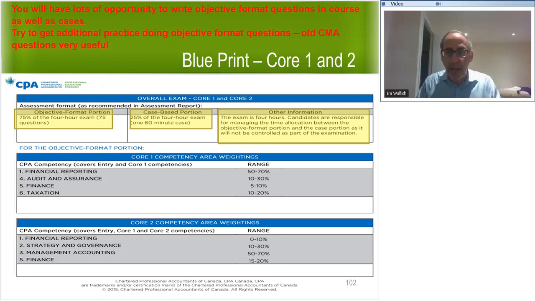CMA, basically there no longer is a CMA exam. As you know, the CMAs and CGAs and CAs all merged to become CPAs. But I do have old sample CMA exams with objective format questions, and I've been told that they're quite reflective of the objective format questions on the Core 2 exam.